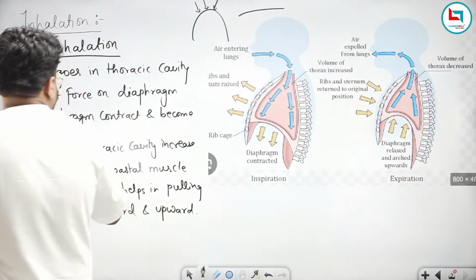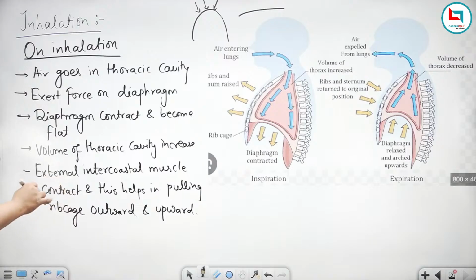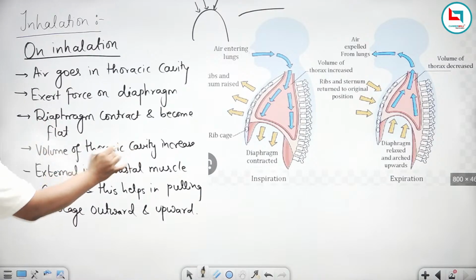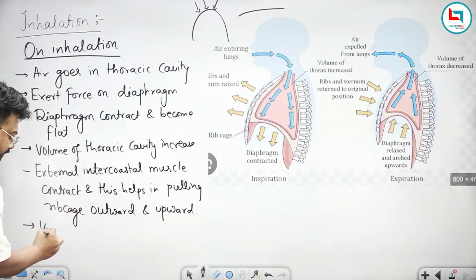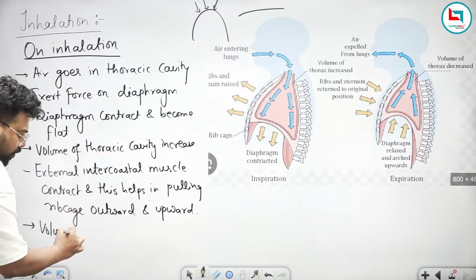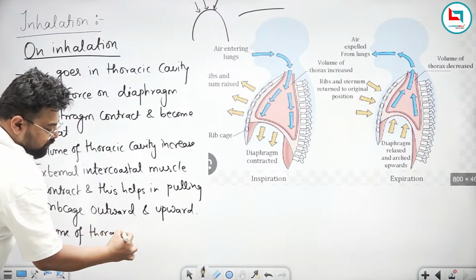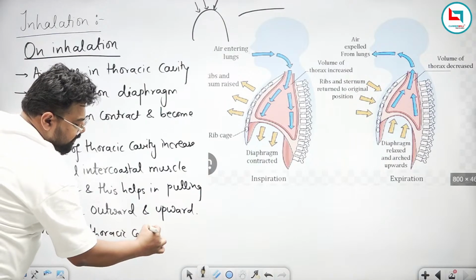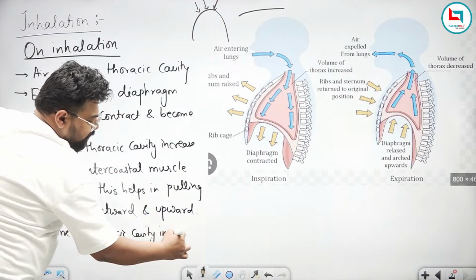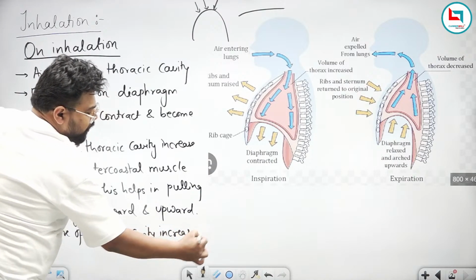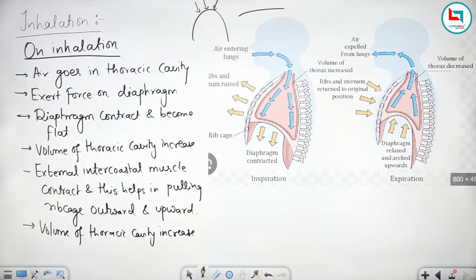And due to both of these phenomena, the volume of the thoracic cavity increases.